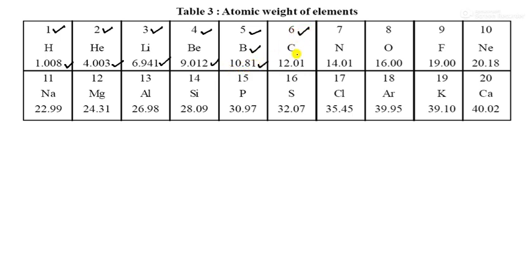Carbon has atomic number 6 and the atomic mass is 12.01, and nitrogen atomic number is 7 and atomic mass is 14.01. Oxygen atomic number is 8 and mass is 16.00. Fluorine atomic number is 9 and mass is 19.00, and neon atomic number is 10 and the mass is 20.18.